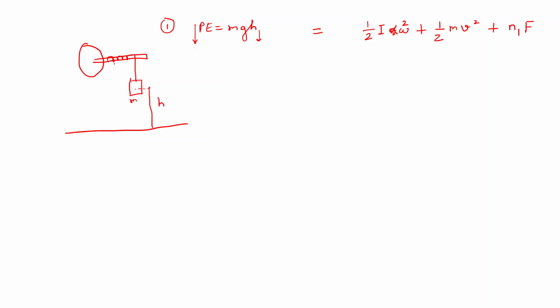After the mass has detached and all the turns have opened, the flywheel will still keep on rotating because it has got some energy. So our second equation will be half I omega square. But how long will it move? We know it will not keep on moving forever. It will stop after some time.